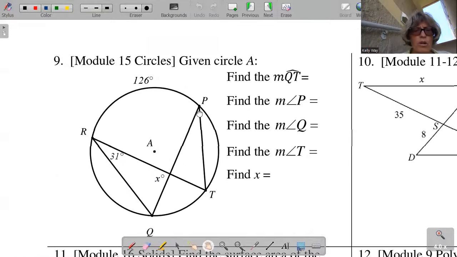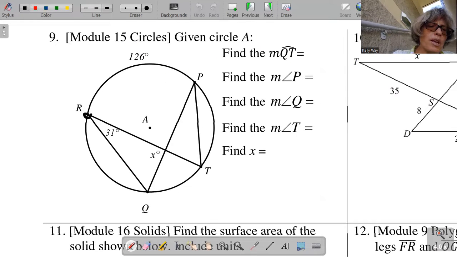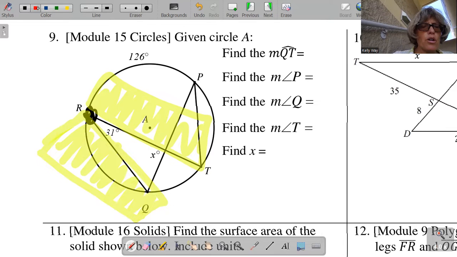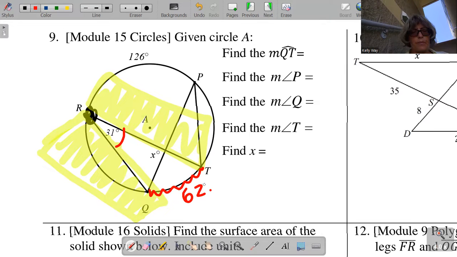Couple things here. We have some inscribed angles. This is where your Post-its come in handy. Remember, inscribed angles are half the arc. So if this is 31, this is going to be 62.